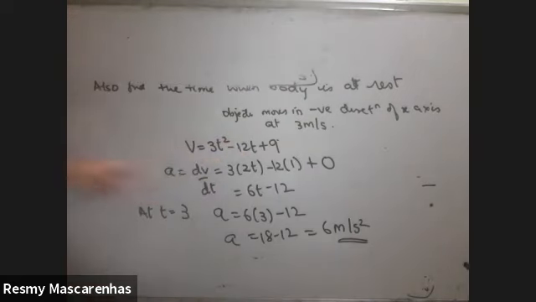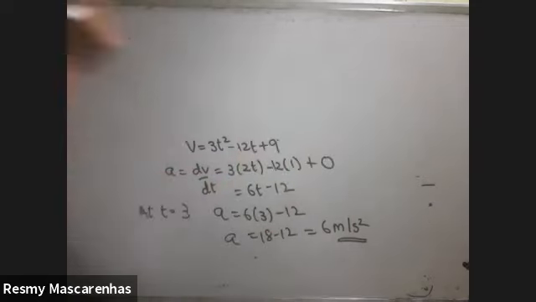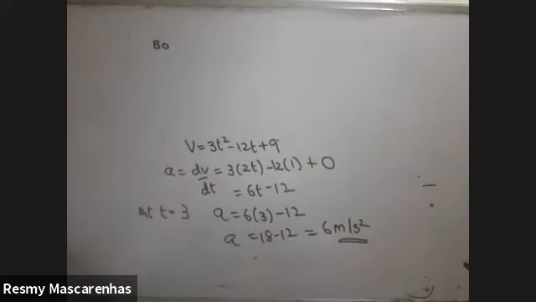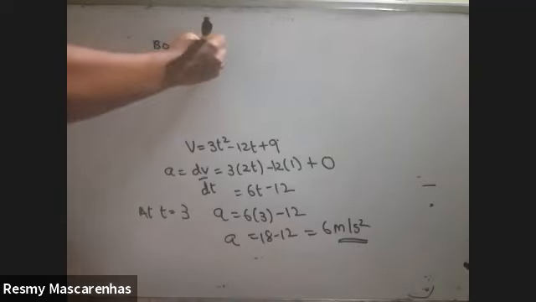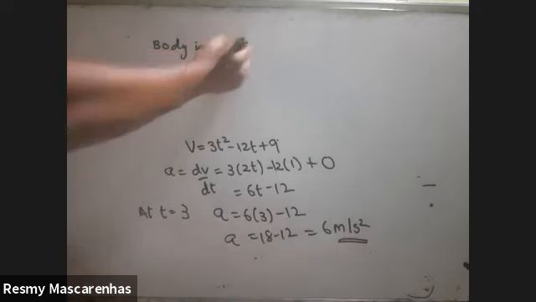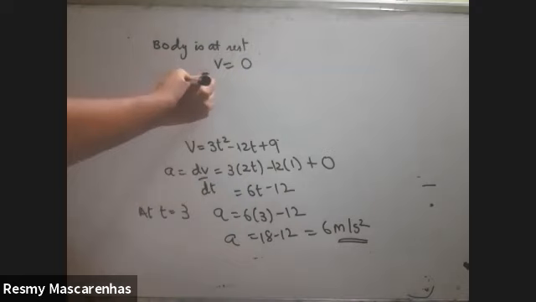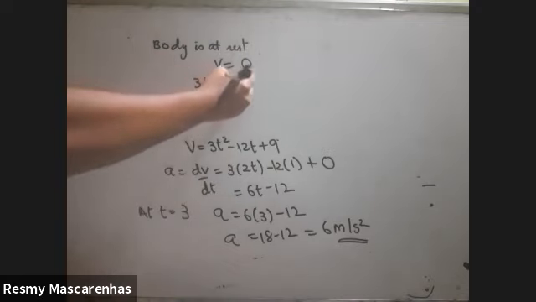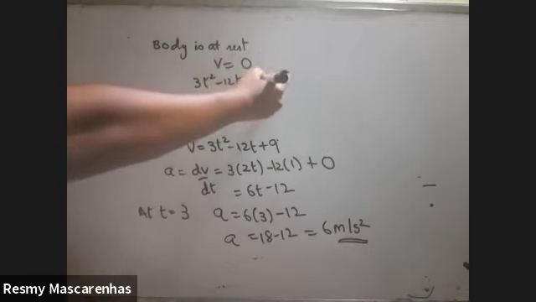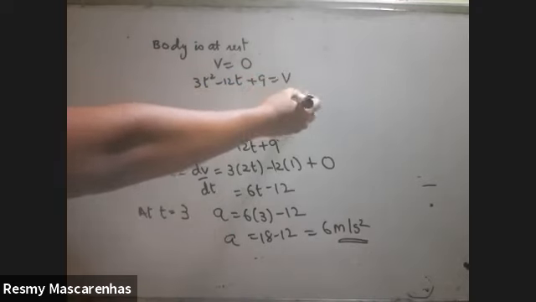We have to solve this equation. Body is at rest, so V is equals to 0. So what was V? 3t square was a V. So that is 0.